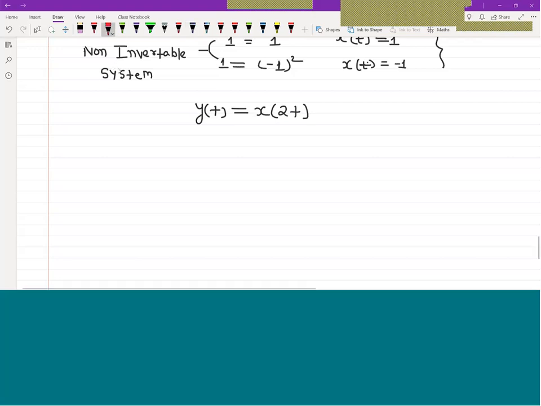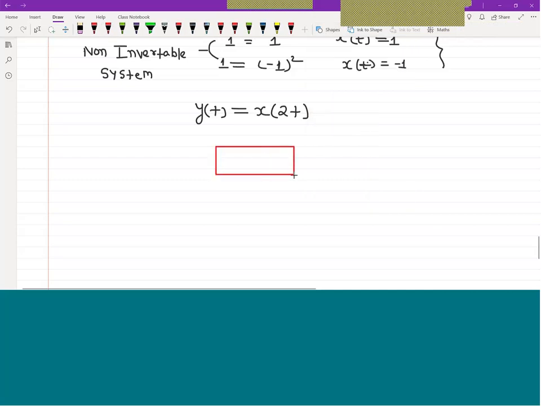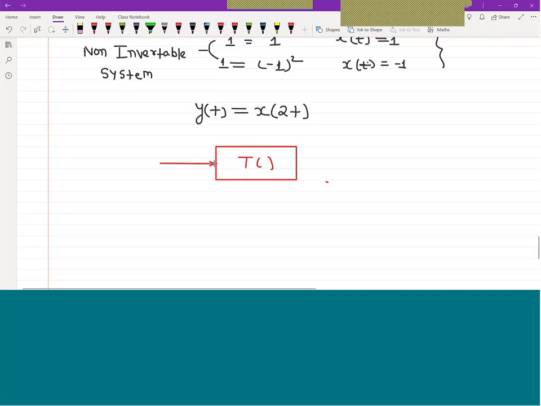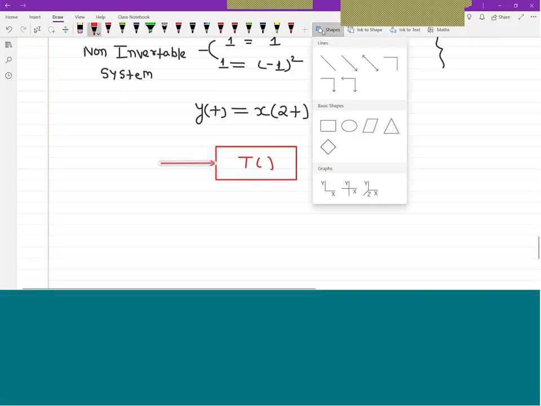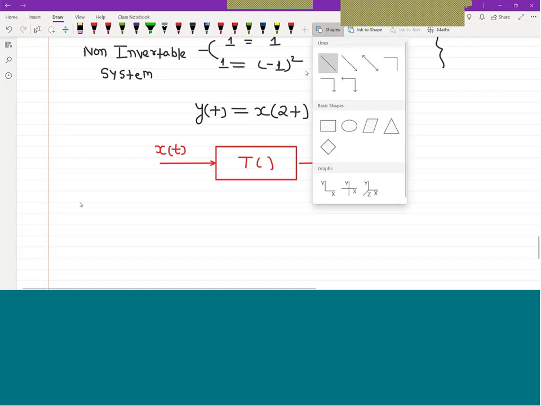Let's say this is our system, where x(t) is input and y(t) is output.